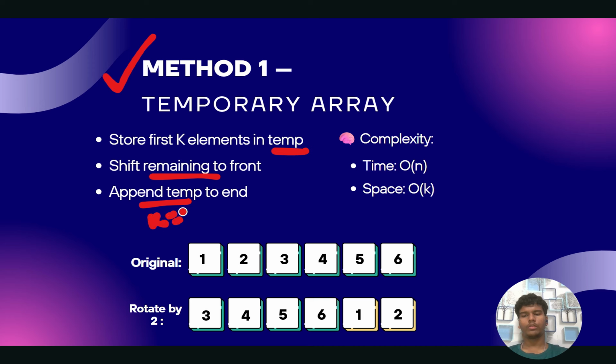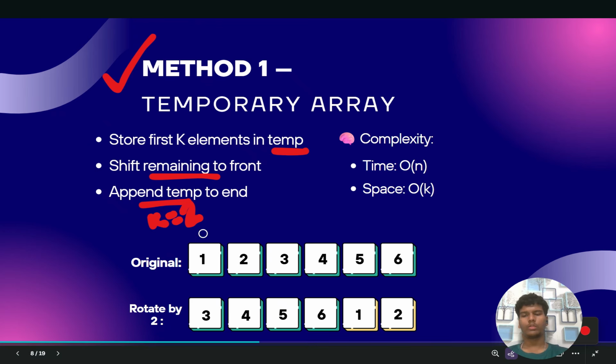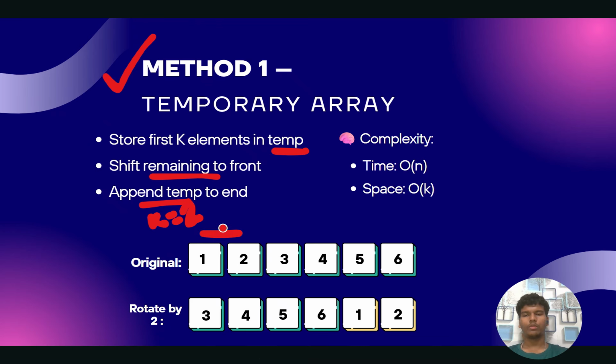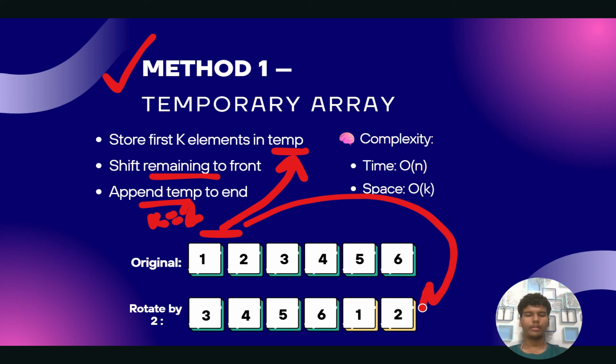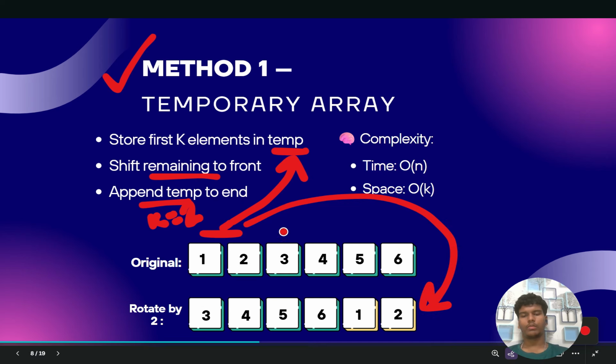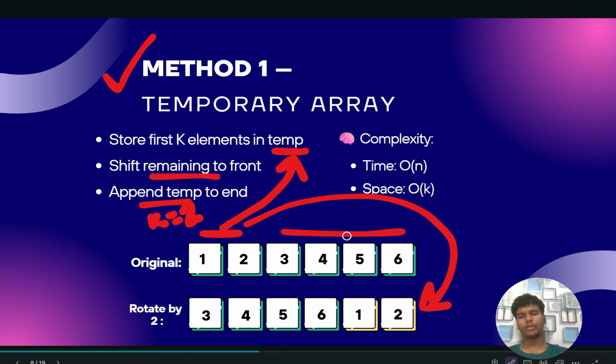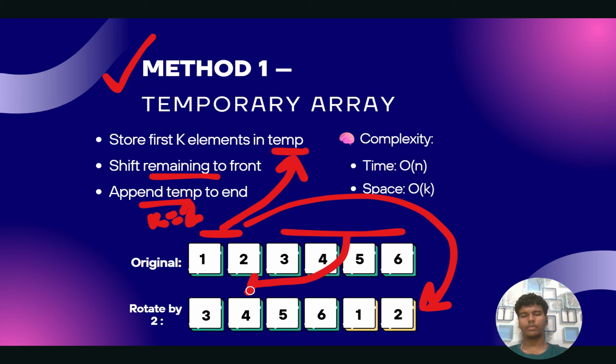So the 1 and 2 would be stored in a temporary value temp, and it would move to the end, and the rest of the elements would go at the front.